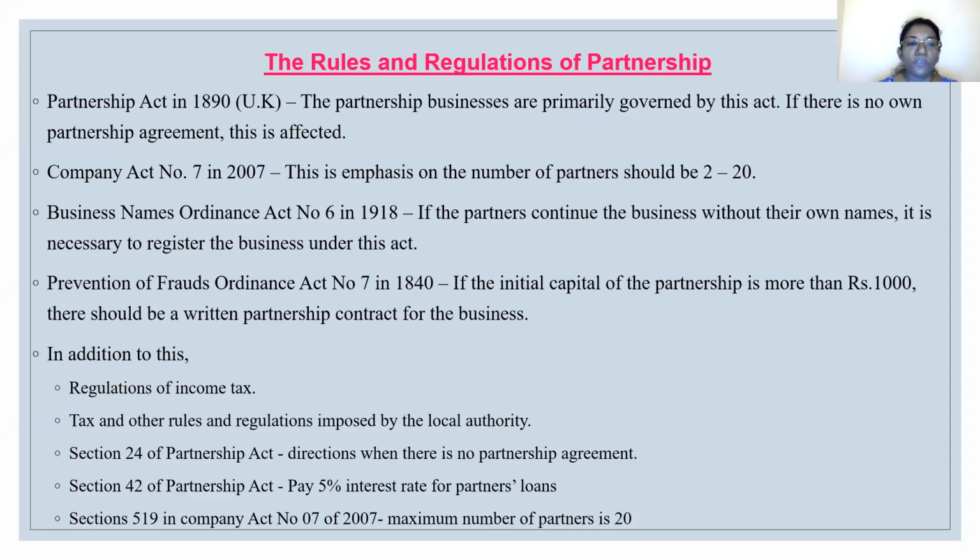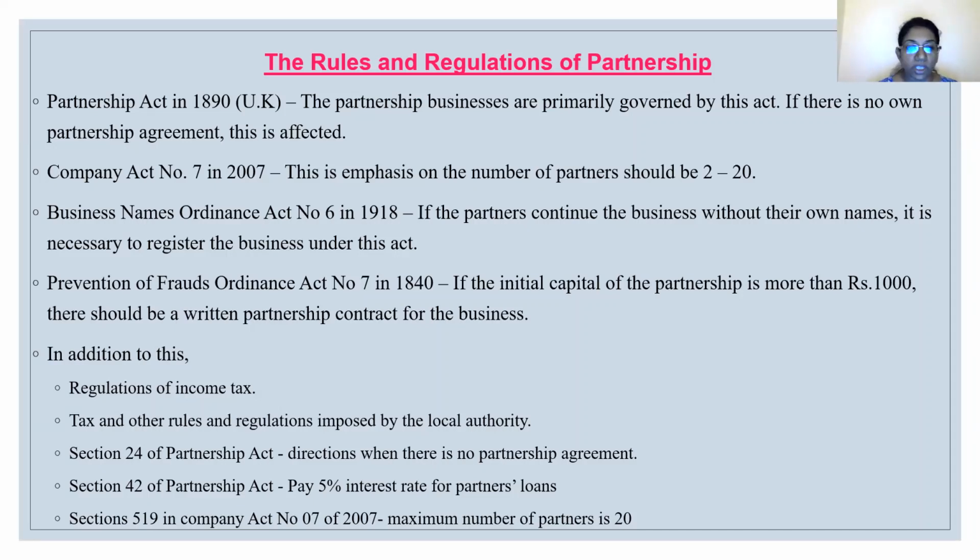Then the Prevention of Fraud Ordinance number 7 of 1840. So if the initial capital of the partnership is more than 1,000, there should be a written partnership contract for the business.